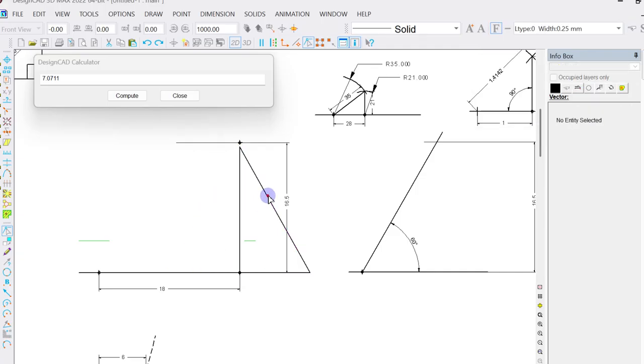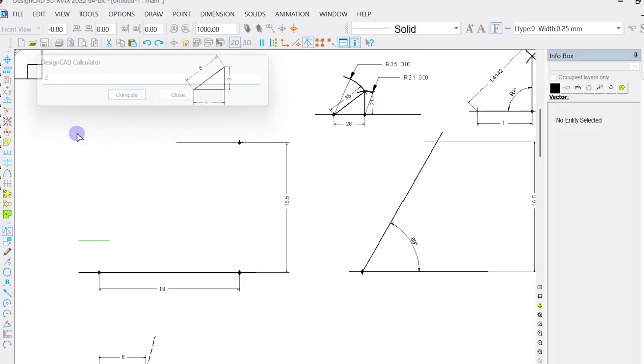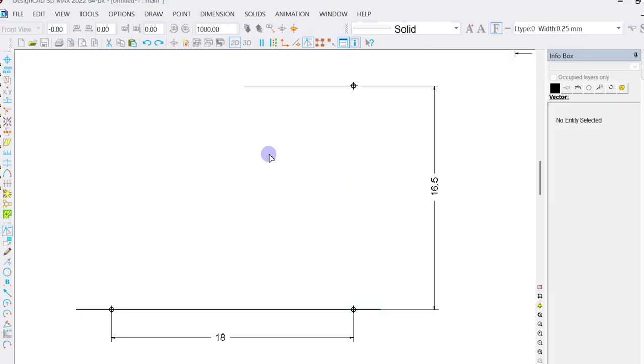You're going to lose accuracy because you're on the line and you're snapping the line and you're getting there. So the best way to do it is to actually calculate it. You know, this is 16.5 and this is 18. Let me zoom in. So you'd use the Pythagorean theorem. So go Tools, Calculator.